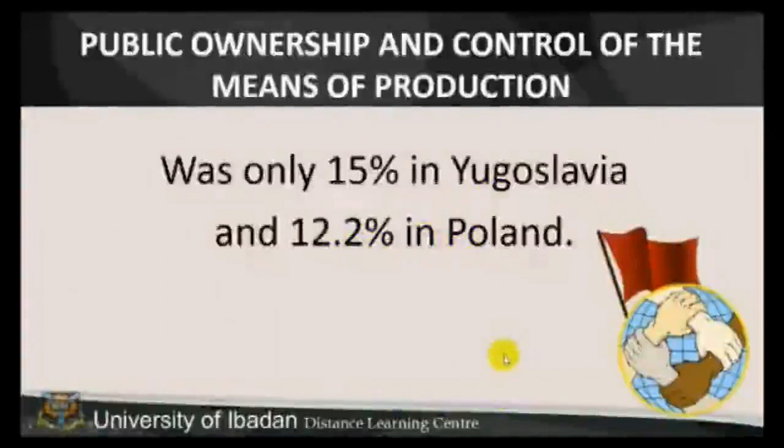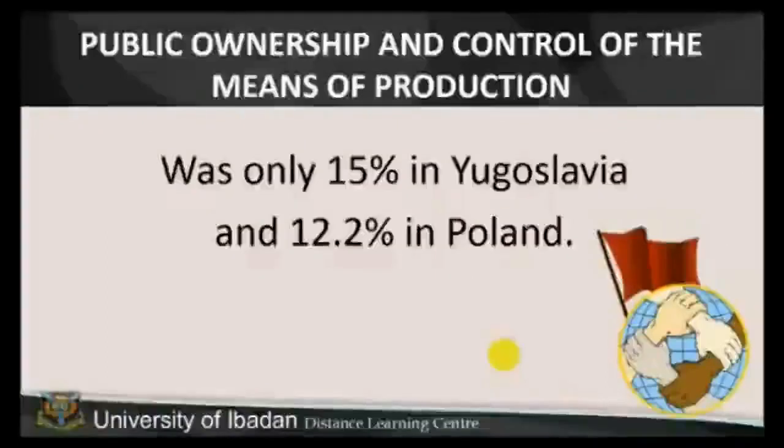Given all this, what you need to note at this stage is that, generally, private ownership and control of the means of production is frowned upon in socialism. The emphasis is on public ownership, even if not full public ownership.